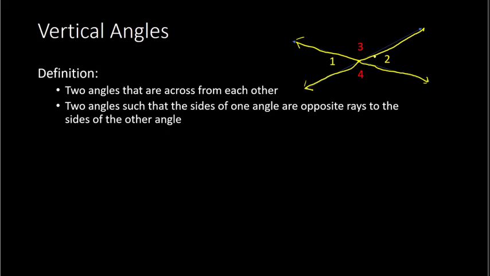And so we have those two rays created from the opposites of the original, and that creates this angle right here. And it's across from it, and it shares this vertex right here in the middle. Alright, so 1 and 2 are vertical, 3 and 4 would also be vertical for the same reason.